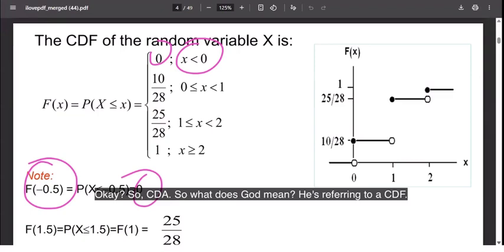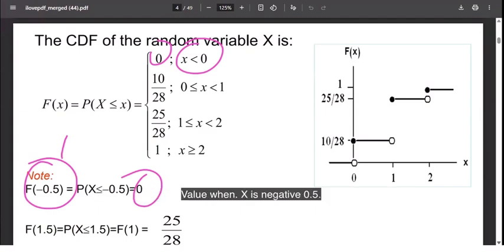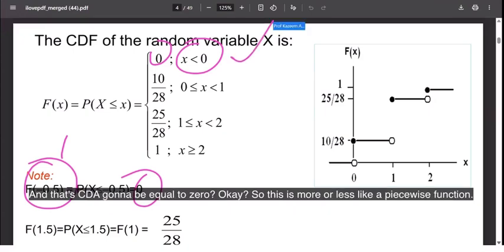So this is more or less like a piecewise function.